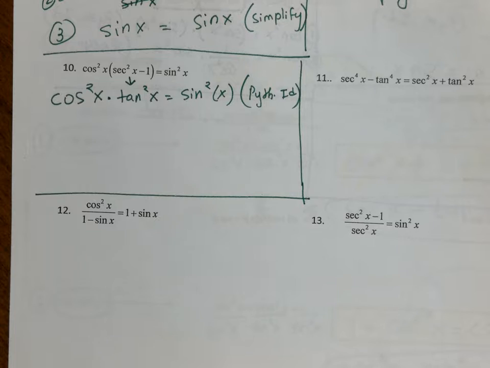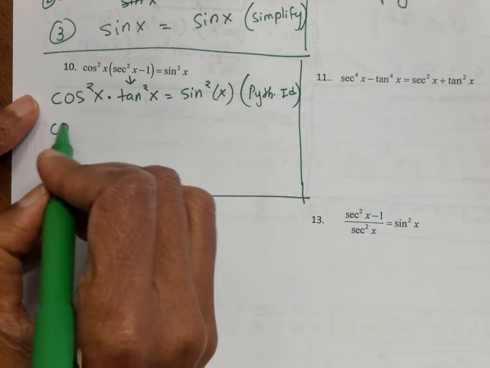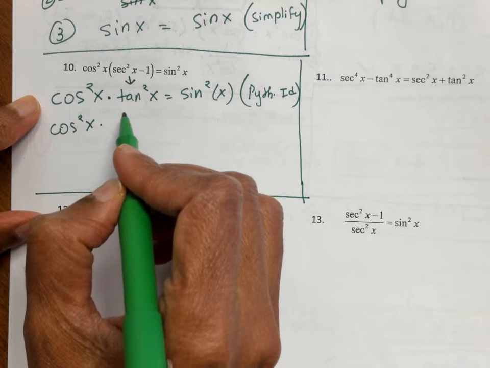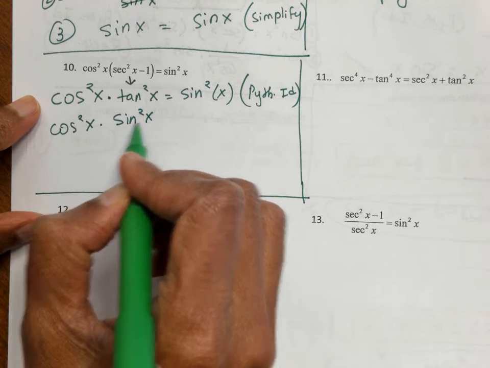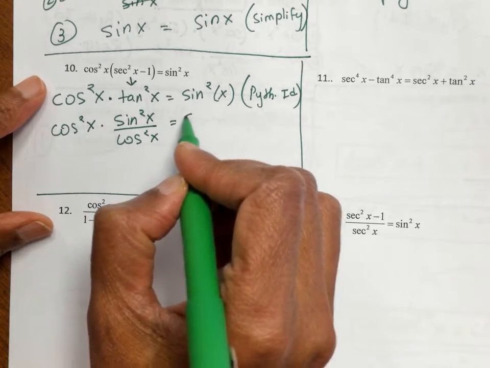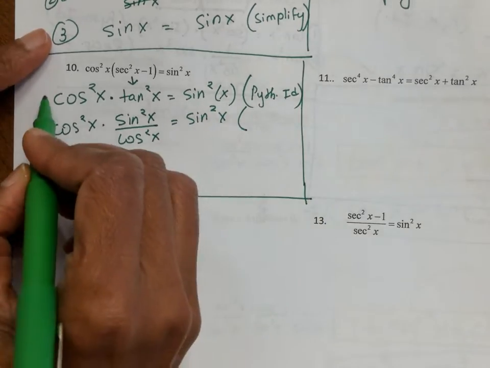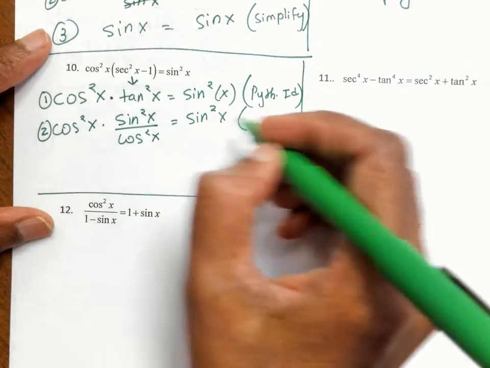And now, remember, you're going to continue working with this side. So cosine square x, we'll leave it as it is. But I can use quotient ID to rewrite tan square. So sine square x over cosine square x, times cosine square x, equals sine square x. From step 1 going to step 2, I used quotient ID.